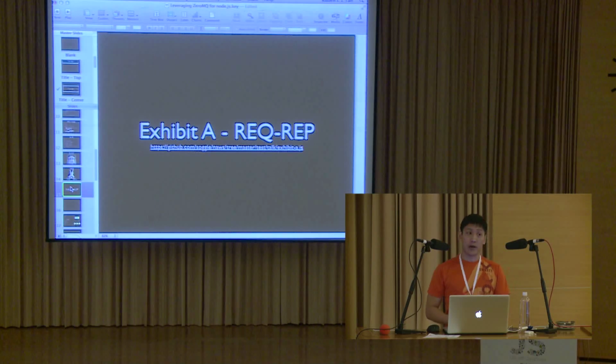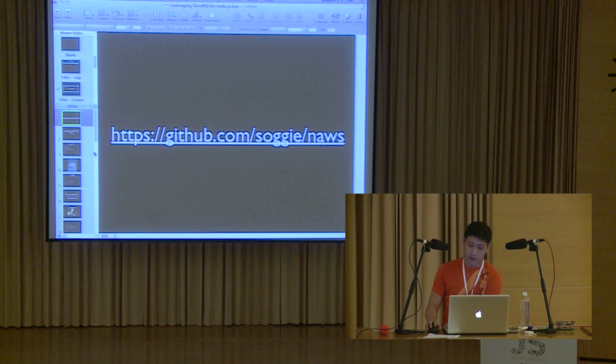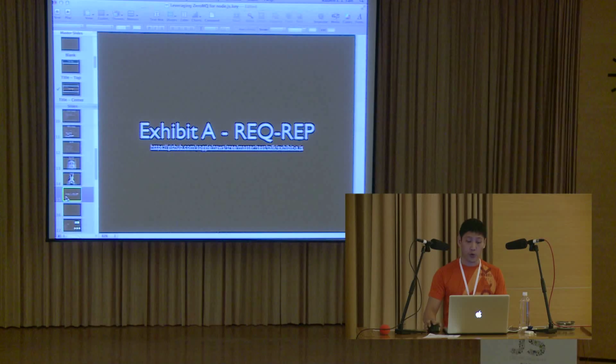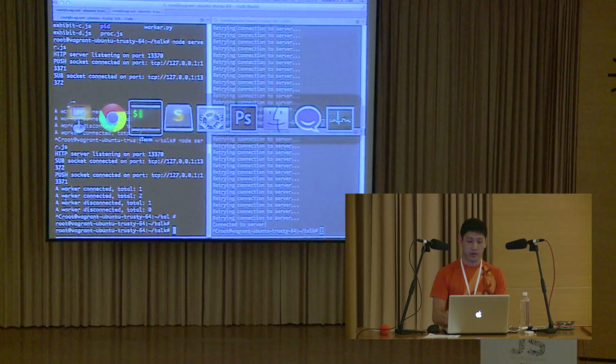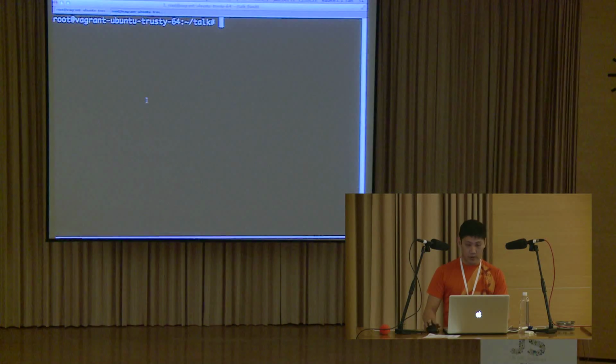I'm going to show you a request and reply socket and how it works. You can find the code itself inside this repository. You can go there, fork it, and you can see tests. You follow the instructions to run your test. So I'm going to show you a request and reply.